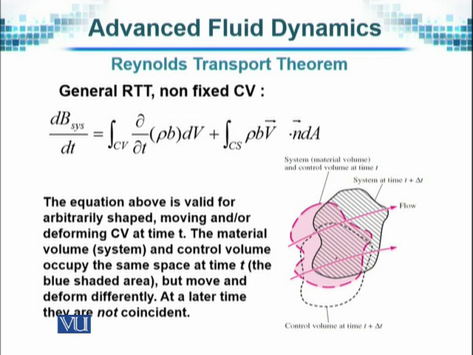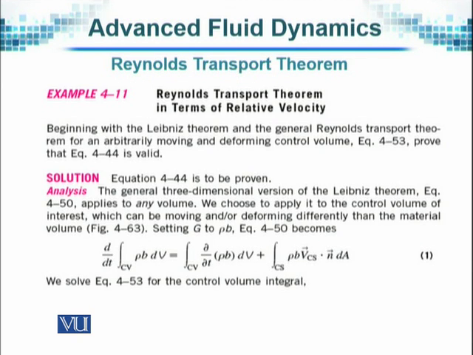We consider at time t equal to 0, the control volume and the material volume are at the same place. But at some time t plus delta t, a small variation in time, these values change and are not identical, and therefore they will have some non-zero values.